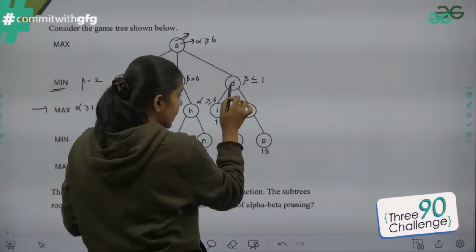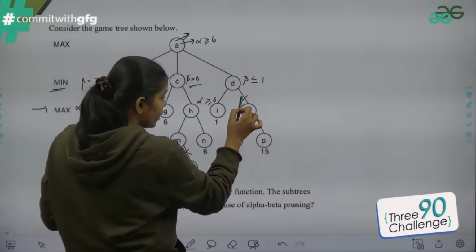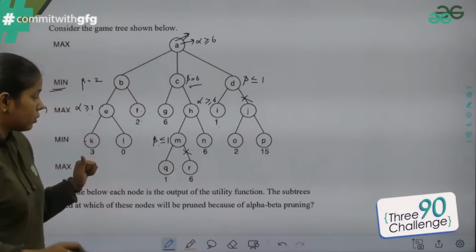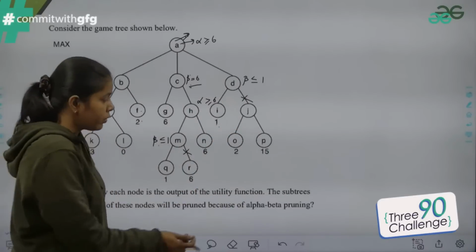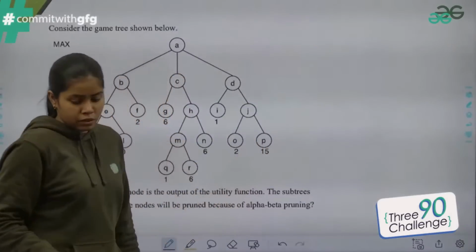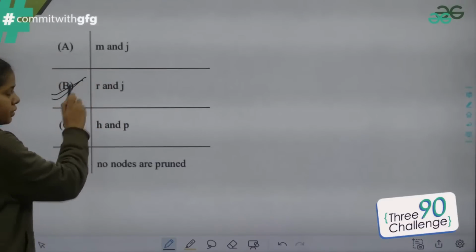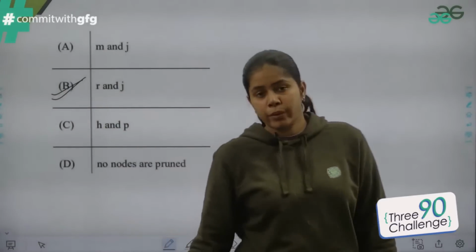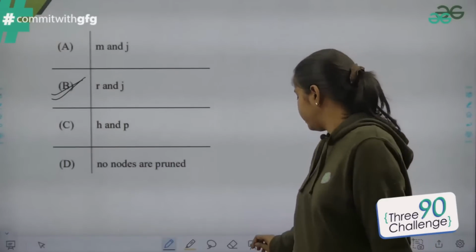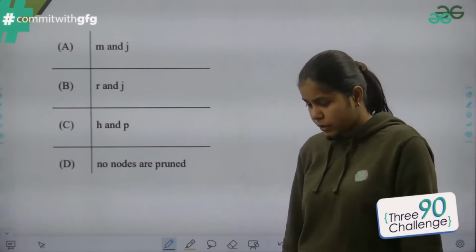Now you can see that here you are getting 6 and you do not require this utility. So using this, which of the nodes can you prune? You can prune r and j. So now you can prune the nodes r and j, right? I hope this is clear to you. R and j would be the right answer for this one.